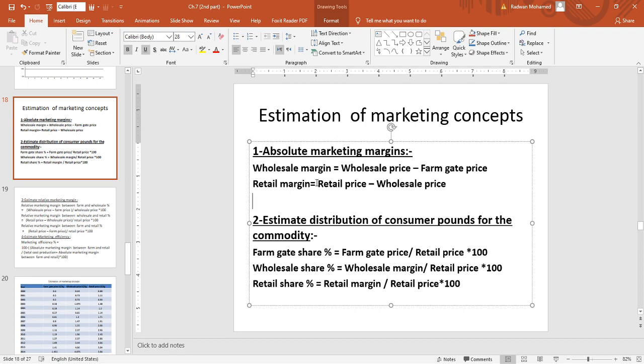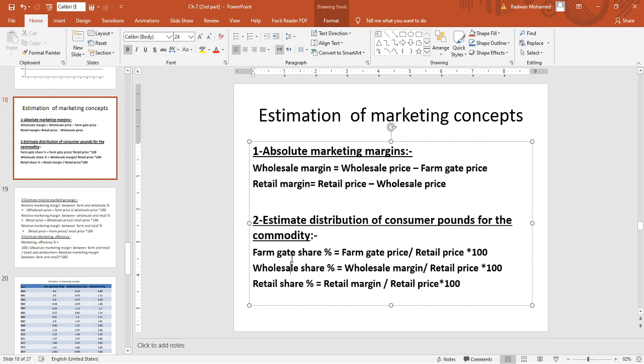First of all, the wholesale margin is equal to wholesale price minus farm gate price, and the retail margin is equal to retail price minus wholesale price. And if I want to estimate the distribution of the consumer pound for a commodity, farm gate share is equal to farm gate price over retail price multiplied by 100. Okay, I want to remember something.